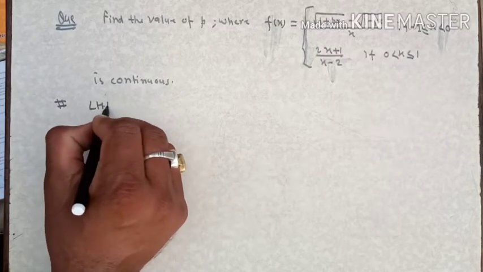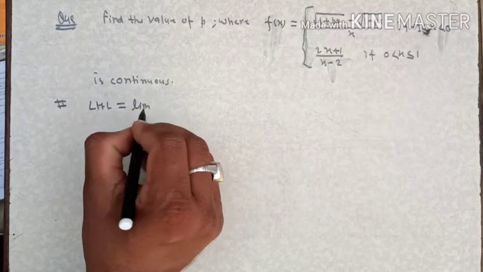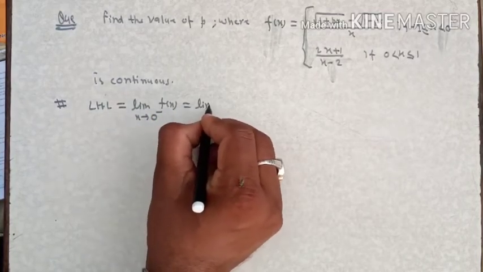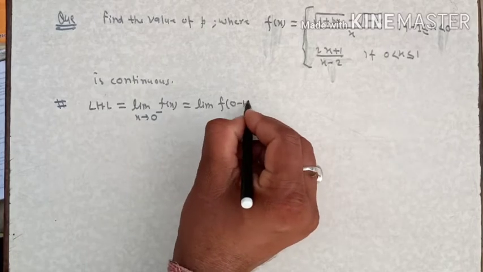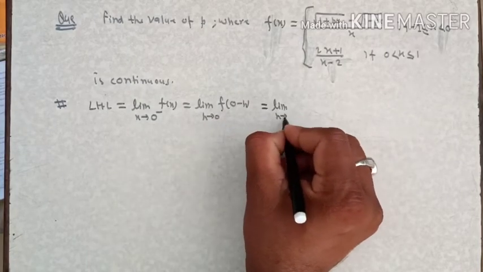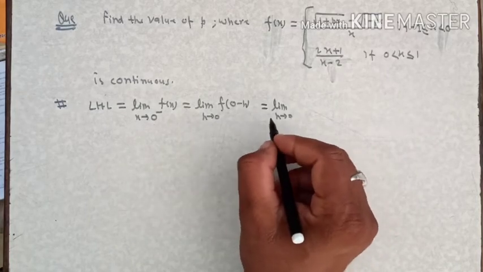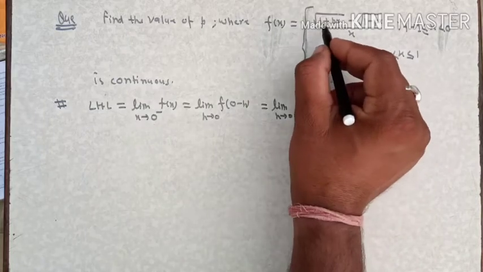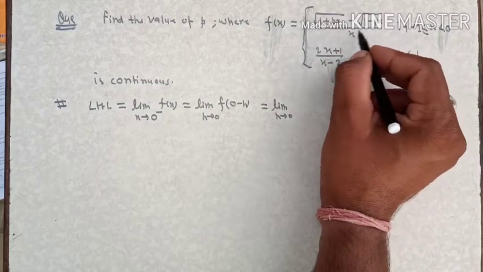So the left hand limit as x tends to 0 negative of f(x) is equal to the limit of f(0 minus h) where h tends to 0. So limit h tends to 0, 0 minus h means less than 0. In this case f(x) is equal to (root of 1 plus px minus root of 1 minus px) upon x.